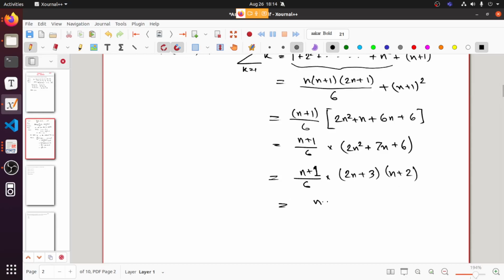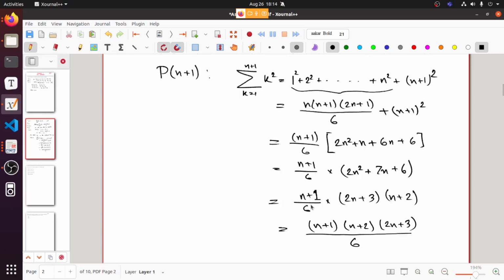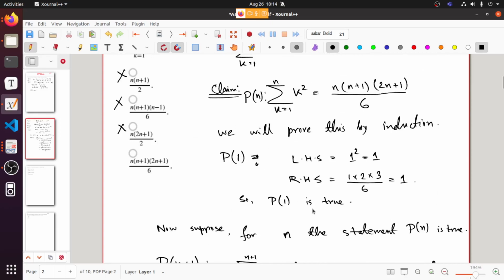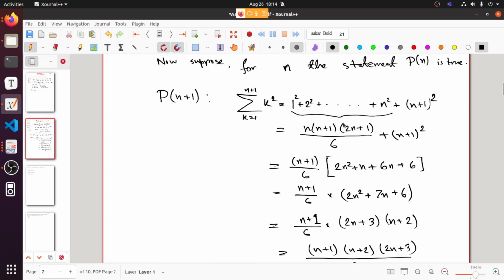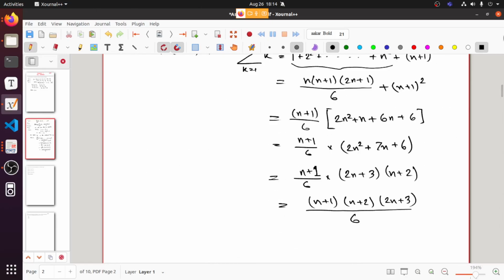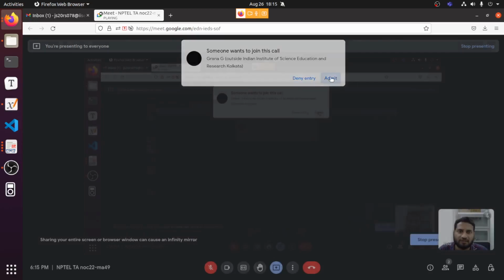So what you will get? n plus 1 into n plus 2 into 2n plus 3 by 6. Note that this is the statement for n plus 1 in place of n. So we are done. Assuming it for n, we have proved it for n plus 1.